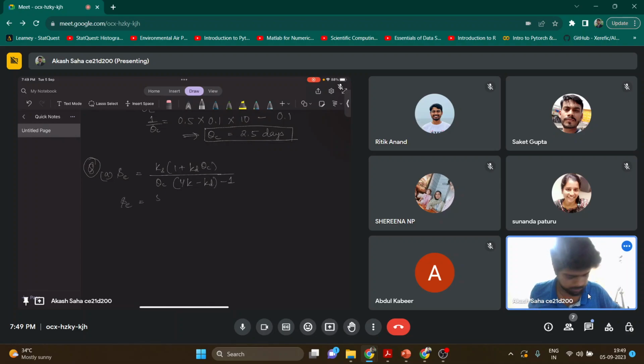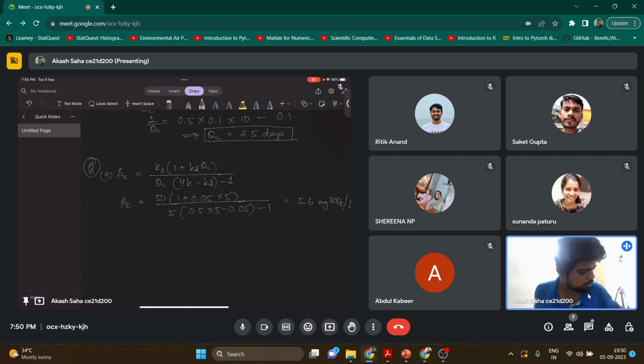So it will be 51 plus 0.05 into 5 divided by 5 into 0.5 into 5 minus 0.05 minus 1. So it will come as 5.6 and the unit will be milligram BOD5 per liter.